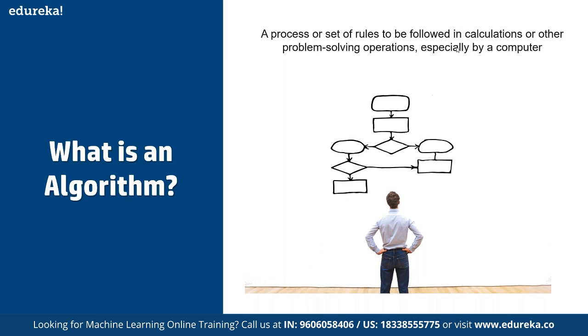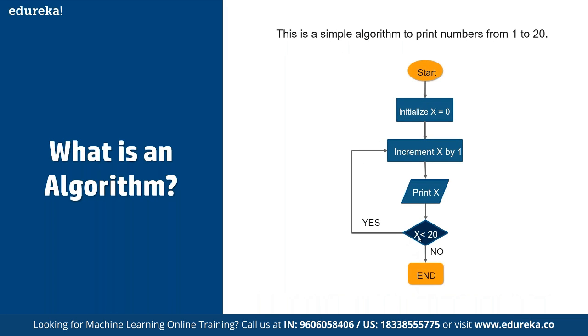So that is what we discussed: a process or set of rules to be followed in a calculation in a given sequence. For example, if you want to print the numbers from 1 to 20, first of all, we initialize x, which is equal to 0. Then we increment x by 1. Then we print x. Now, if the x value is less than 20, it is again going to increment it by 1, and then print x.